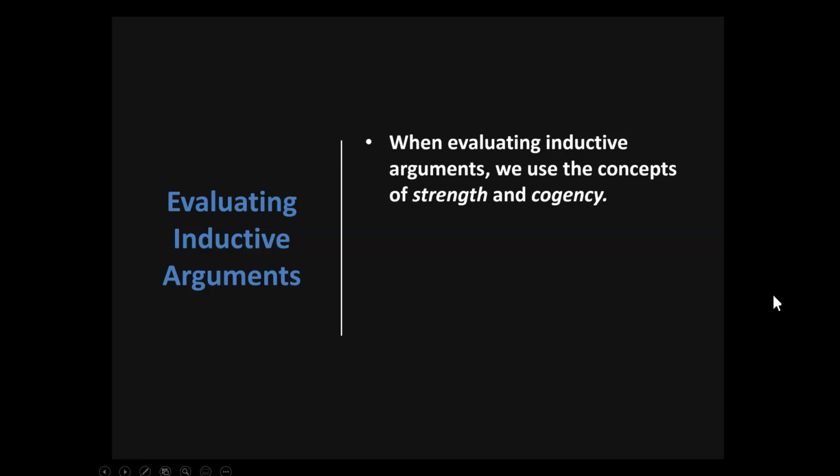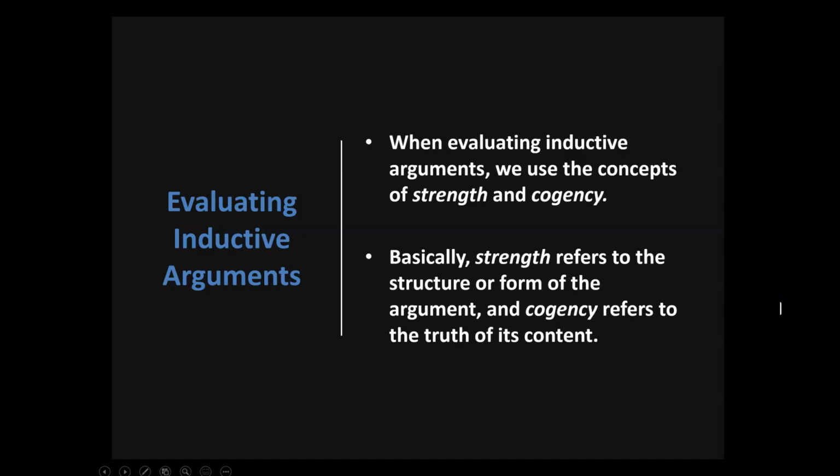So when evaluating inductive arguments, again, we use the concepts of strength and cogency. And basically, strength refers to the structure or form of the argument, the logic of the argument. And cogency refers to the truth or acceptability of its content. So these are just textbook definitions here, and we'll work through some of this.